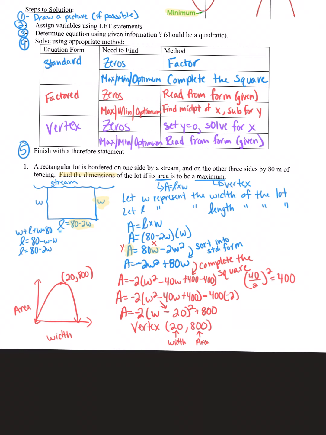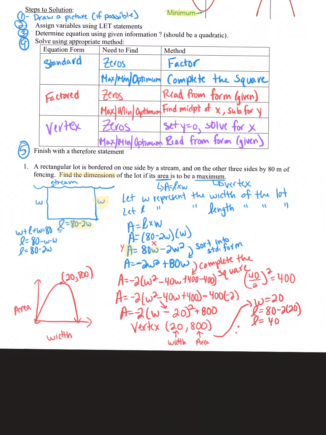So I'll just come over here. And we can say, well, we know width will equal 20. Length is going to equal 80 minus 2 times my width, or 2 times 20. So length is going to equal 40.